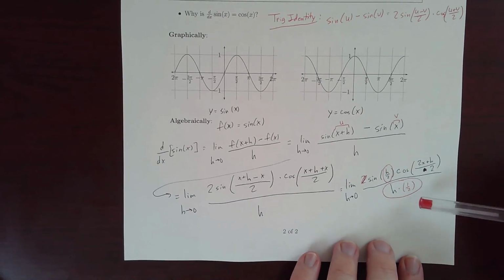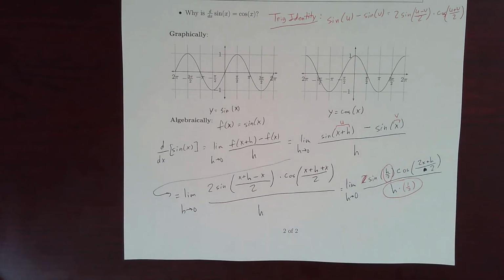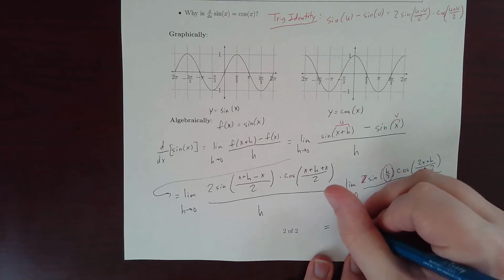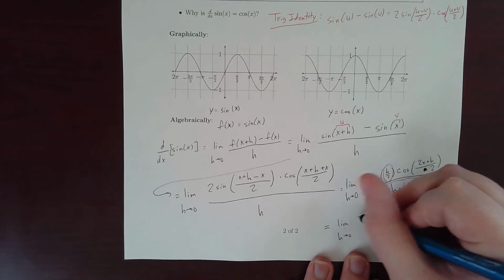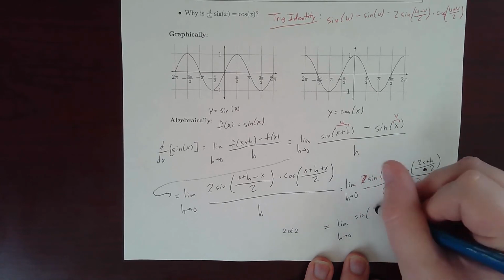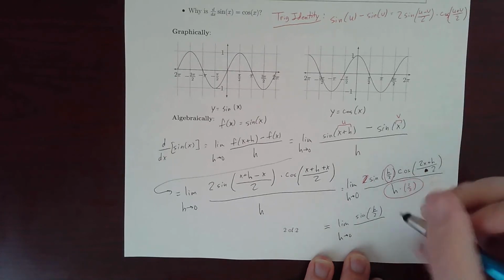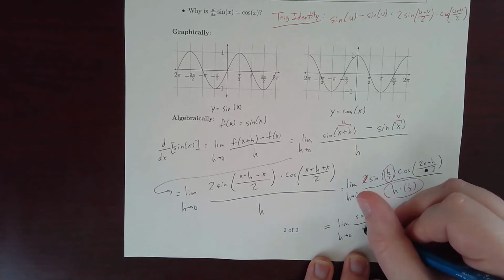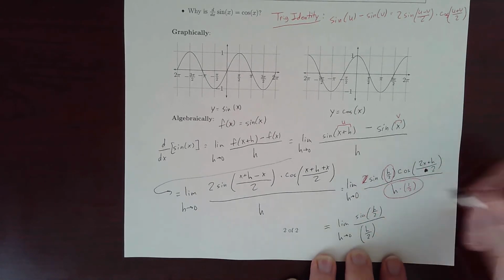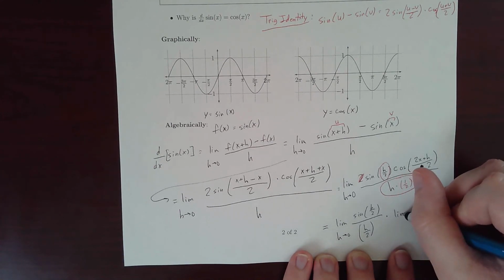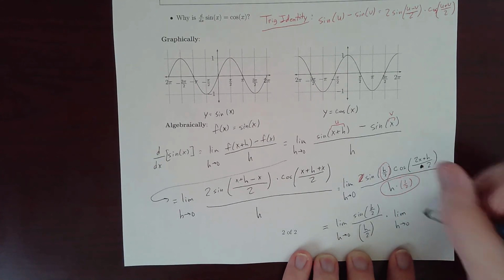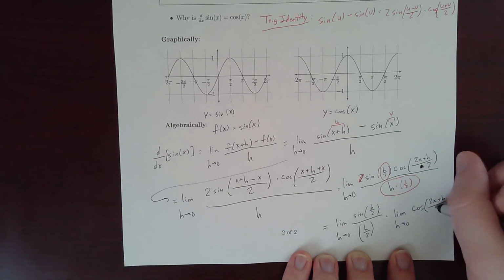And this allows us to use the identity we had from above, where we have the limit as h approaches 0 of sine of h over 2 over h over 2, times the limit as h approaches 0 of the cosine of (2x plus h) over 2.